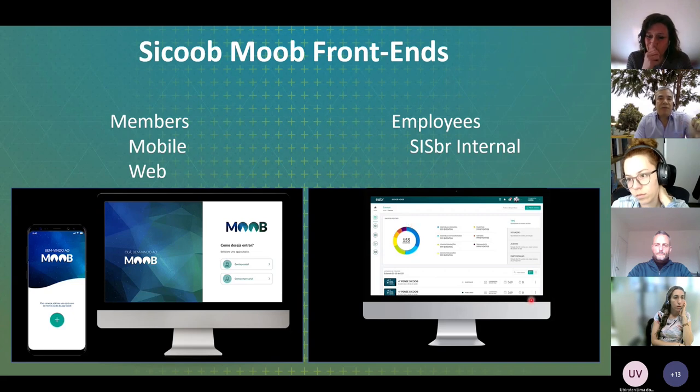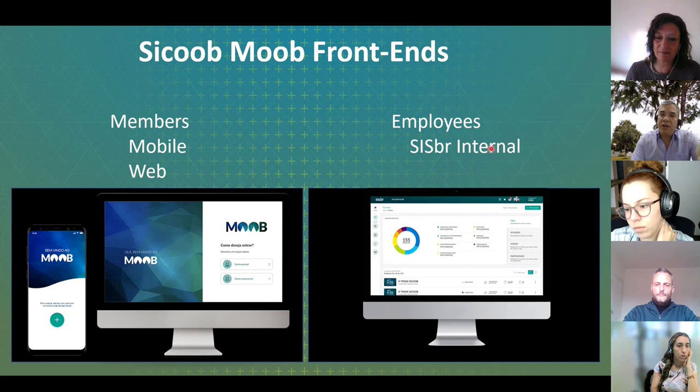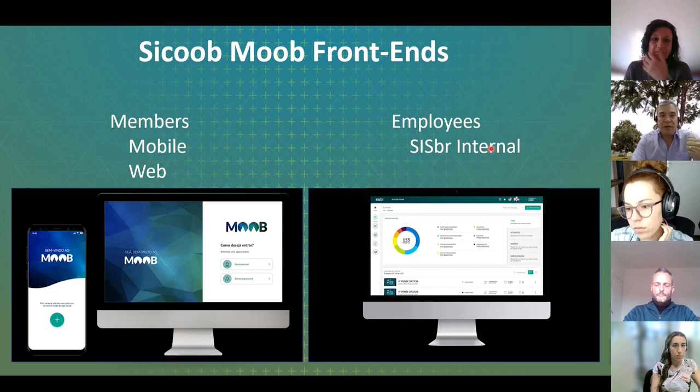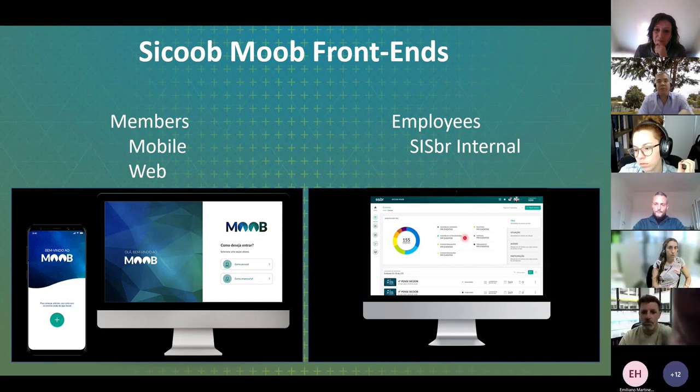The CIBP core banking application is an internal front end for Sicoob and covers all financial products like current account, investment, credit, operation, savings accounts, and so on. So when employees want to interact with our system, they use the CIBP internal core banking.